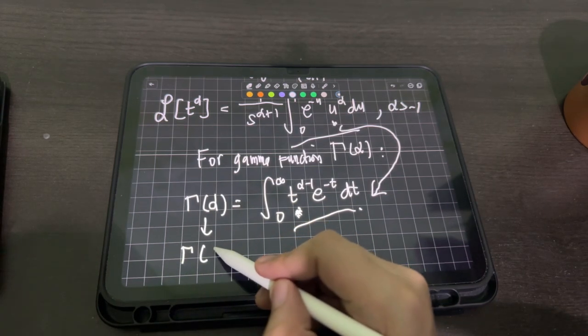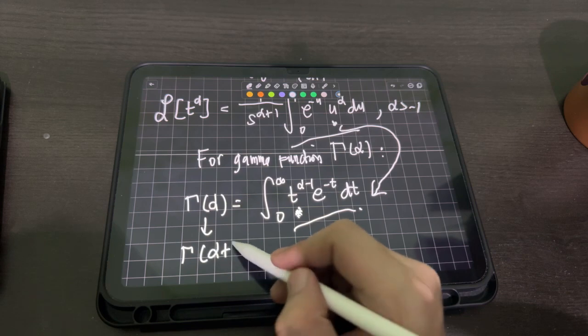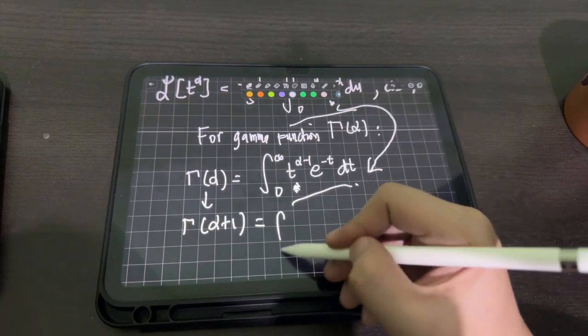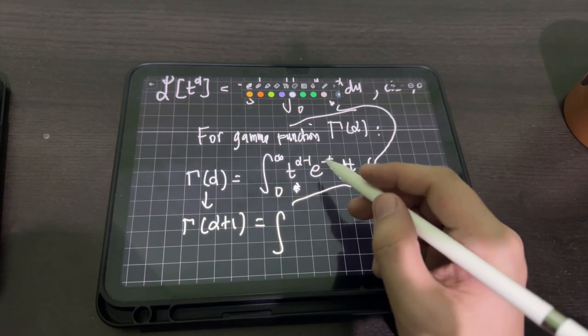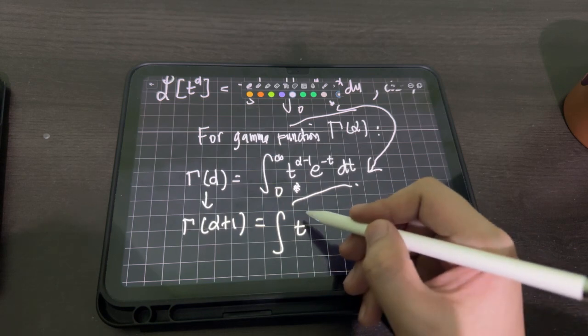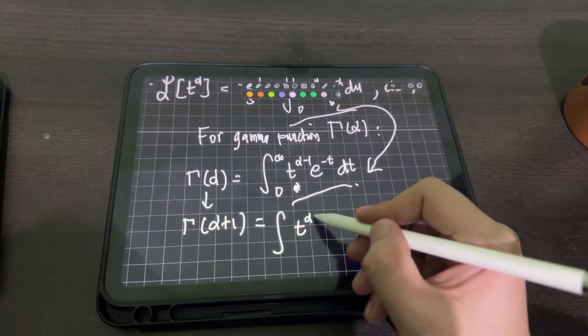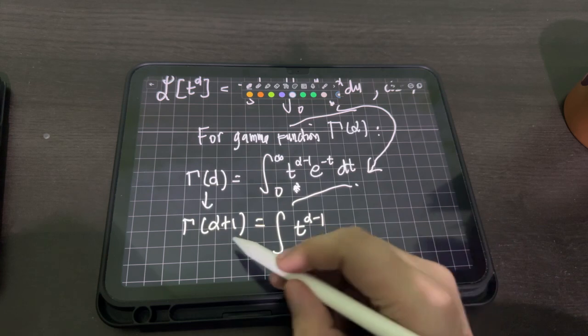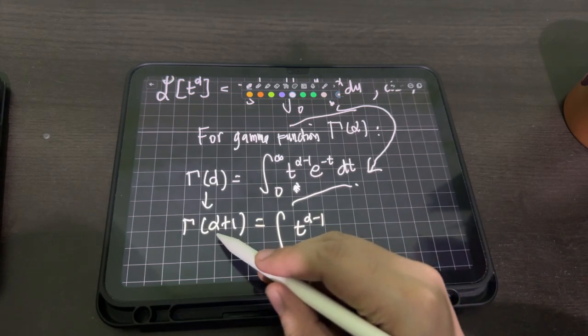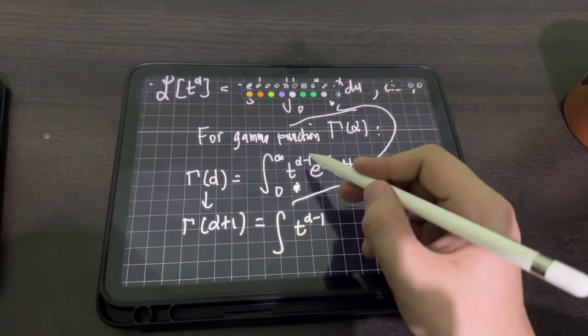If you try to find the gamma of alpha plus 1, therefore it is equal to t raised to alpha minus 1, but alpha now here is alpha plus 1.